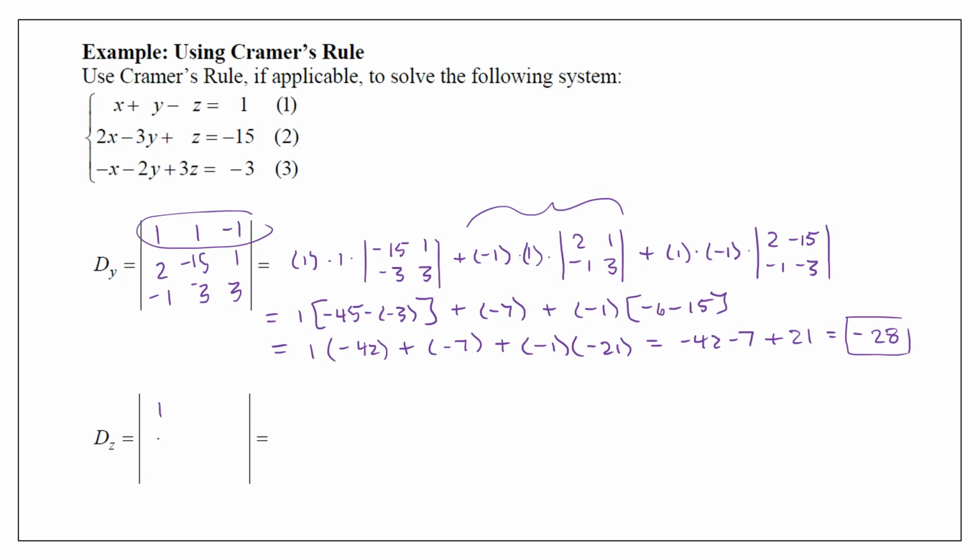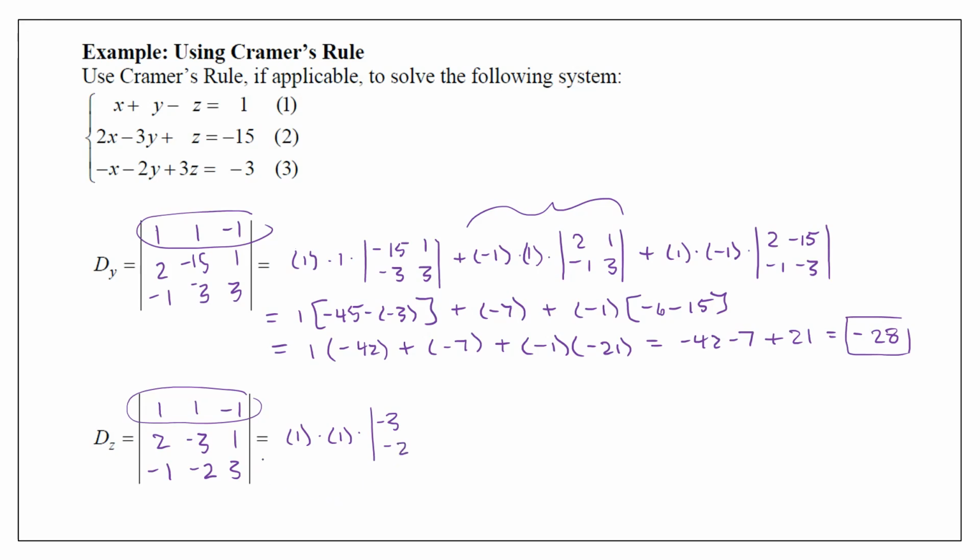So that's 1, 2, negative 1, 1, negative 3, negative 2, negative 1, 1, 3. I'm going to continue to expand across the first row, starting with 1 times the entry 1 times its minor, which is negative 3, negative 2.